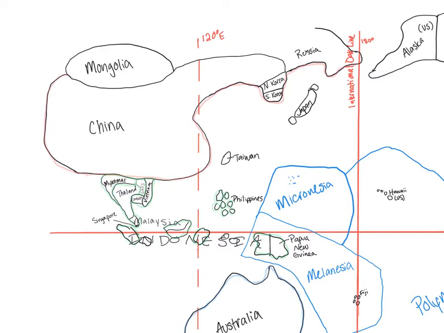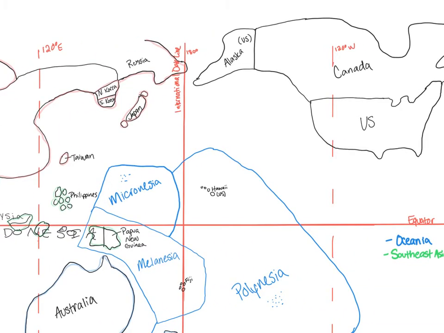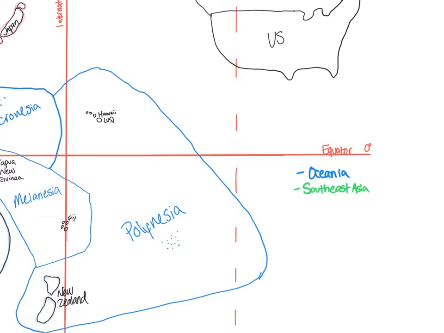We'll include Russia a little bit up there, but it's going to include Mongolia, Japan, and Taiwan. Don't forget North and South Korea. Okay, so this was all East Asia.